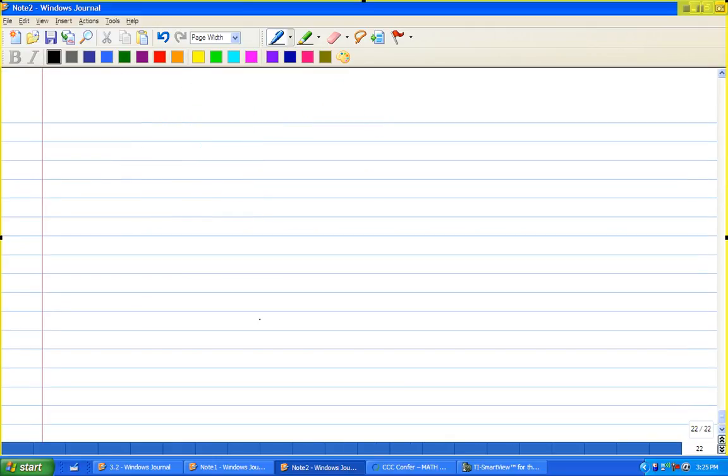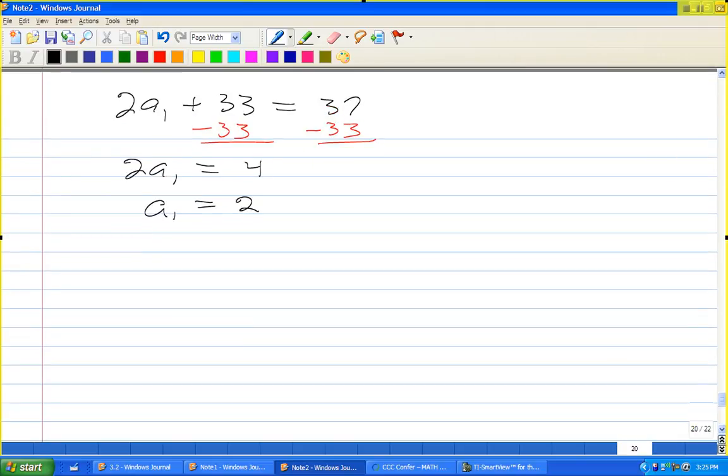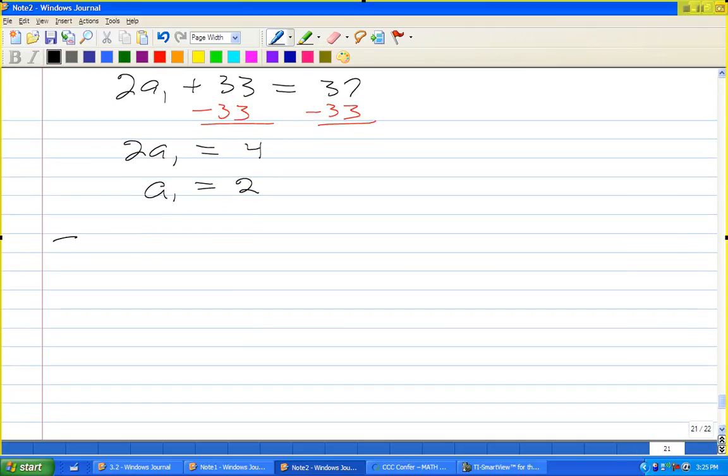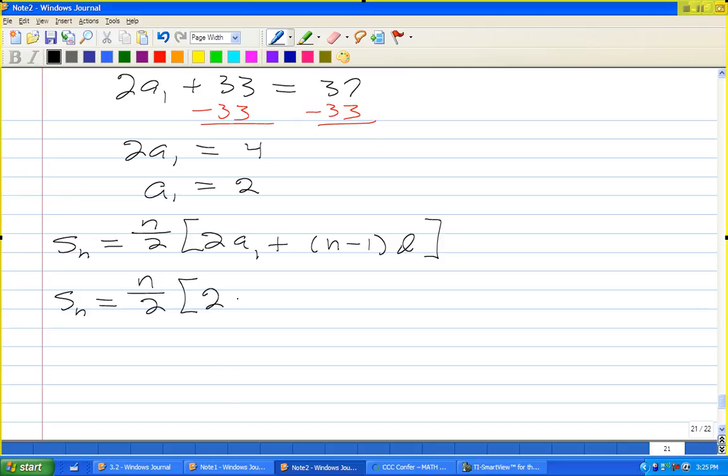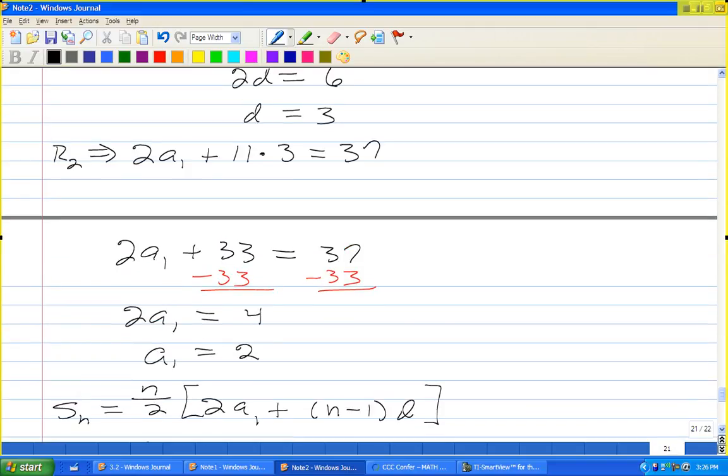Okay, so let's do that. So S sub n is equal to n over 2, 2A1 plus n minus 1 d. So S sub n is equal to n over 2, 2 times a1, which is 2, plus n minus 1 times d, which is 3.